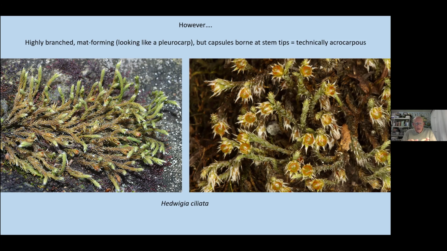In this Hedwigia that we're looking at, once you see the capsules, it's an easy interpretation. But sometimes things are difficult to interpret, and so I stick them on both sides of a lead to help someone going through there. And my memory's not good enough to remember about acrocarpous and pleurocarpous. That's why I wrote it all down. So we'll have to look in the book.